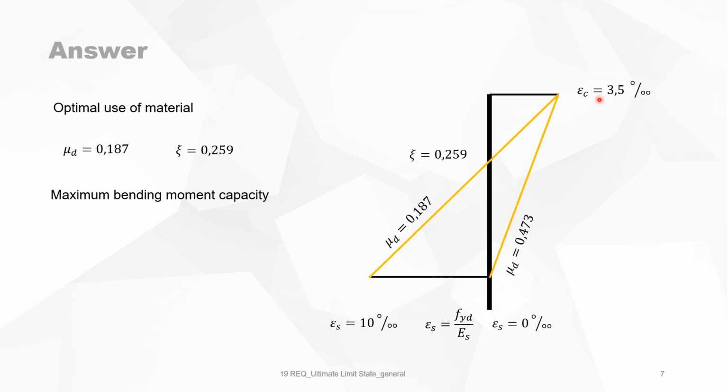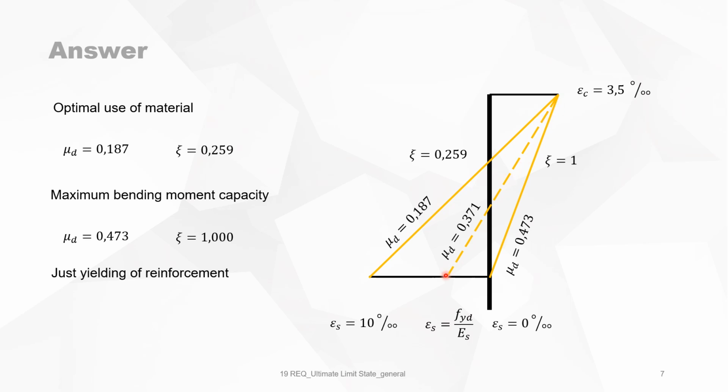Epsilon S is 0 and epsilon C 3.5. Mu D is 0.473 and C is 1. And then just yielding of the reinforcement, which is mu D equal to 0.371 and C equal to 0.617. So now you have a nice overview of the three most important cases of zone 2A.